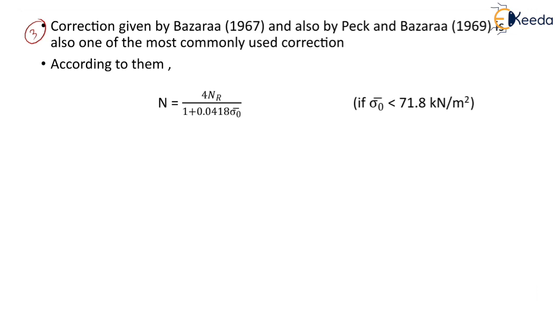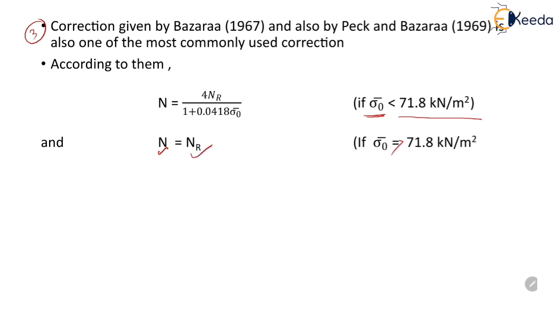This equation will be applicable if the value of sigma naught bar is less than 71.8 kilonewton per meter square. If sigma naught bar is equal to or greater than 71.8, then the corrected value will be taken as the recorded value.